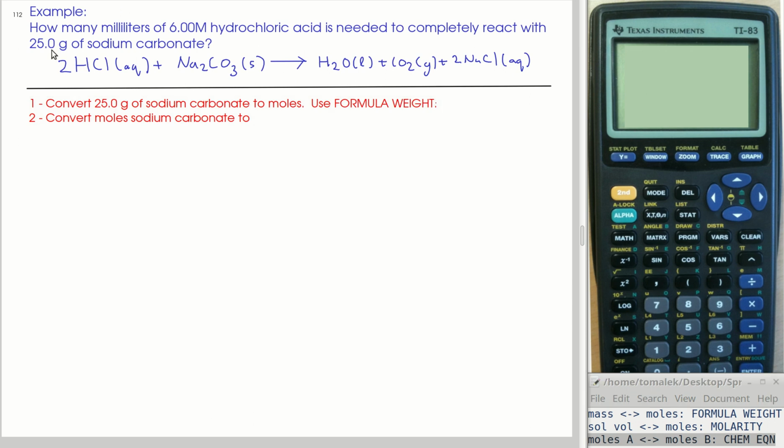So essentially, we have access to this whole equation. We can take our moles of sodium carbonate and change it to moles of anything else. Now, of course, we're asked for a specific substance here. So that's what we would like to do next.